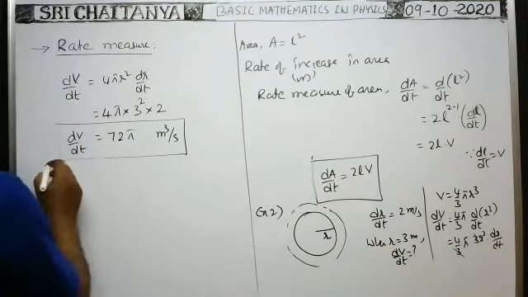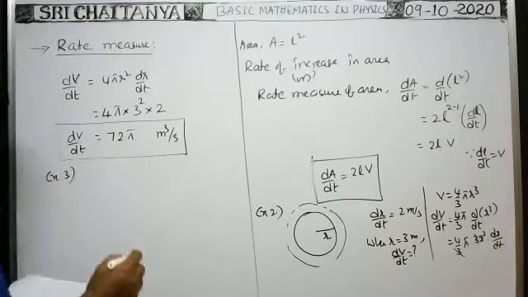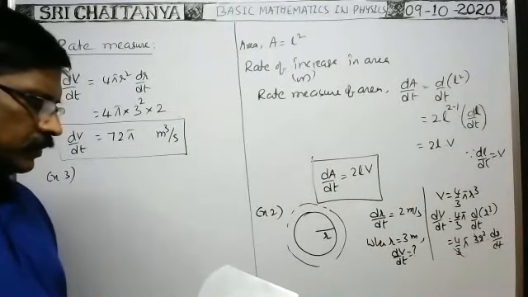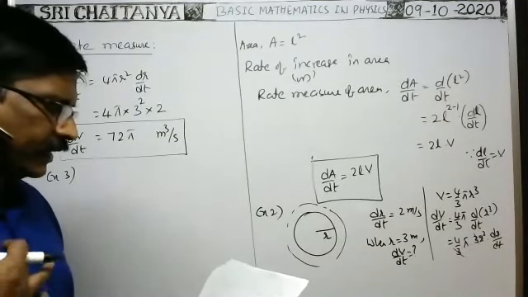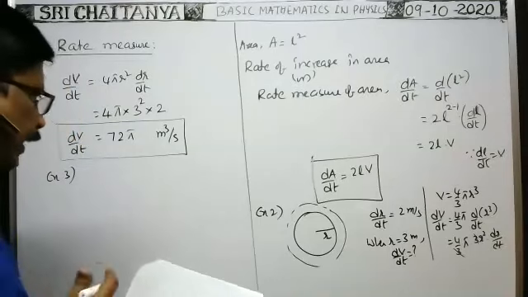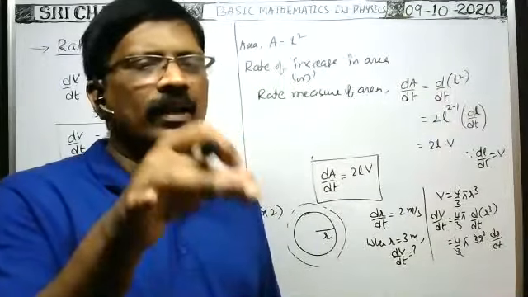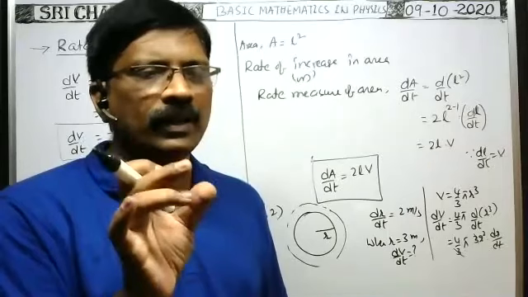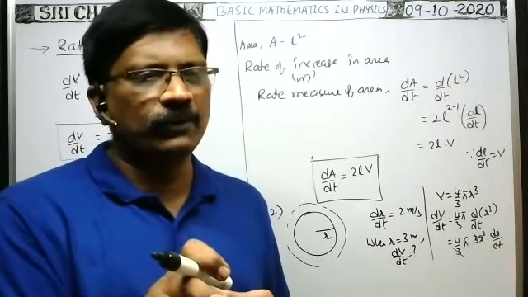Next, example 3. The area of the blot of ink flowing is such that after t seconds, its area A is equal to 3t square plus 7. Whenever ink drops fall on the floor, slowly it spreads on the surface of the floor.